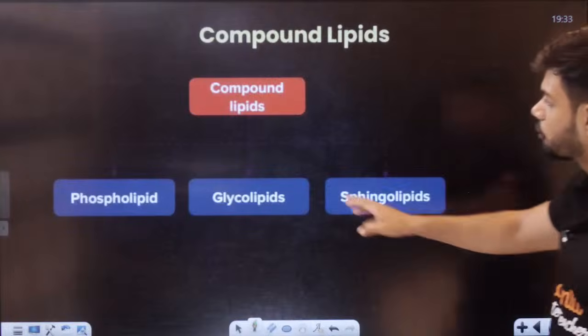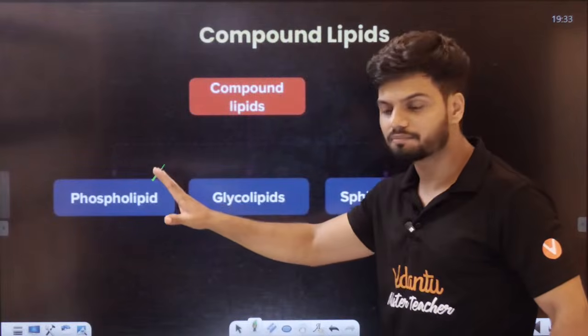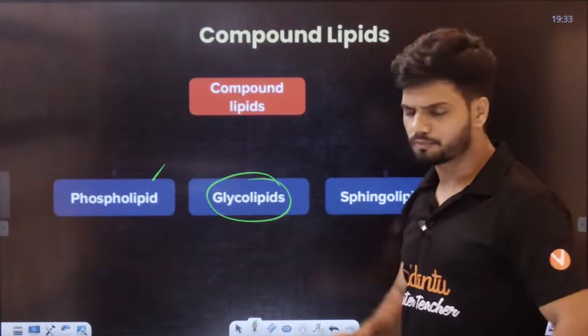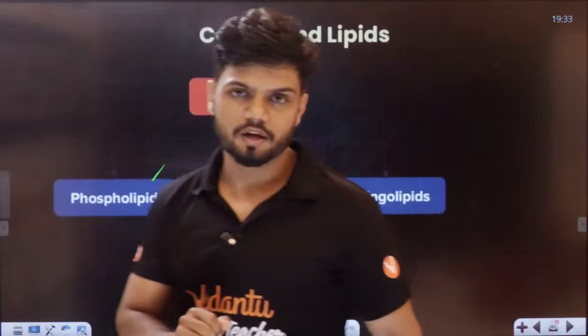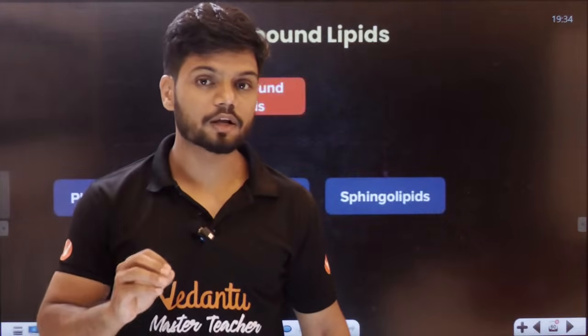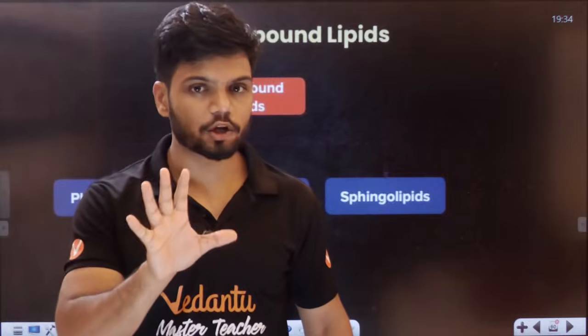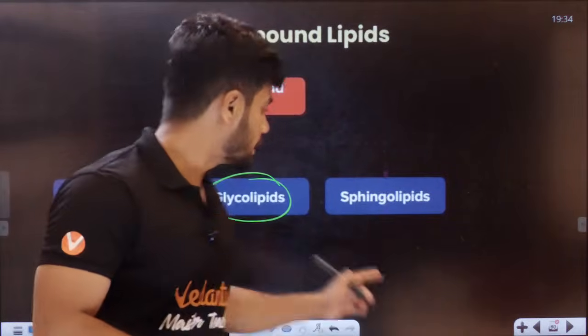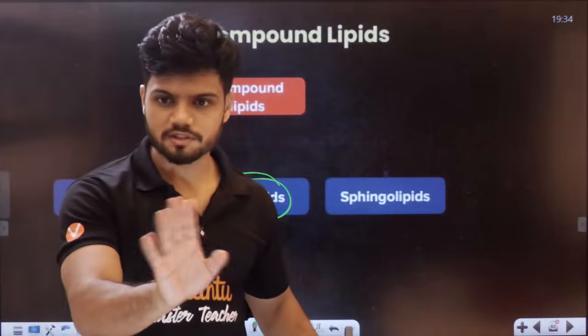Okay. Under compound lipids, the phospholipid is done. There is something called glycolipid also. Let me tell you one small thing, students. What is the meaning of glyco? Glycose, glucose. Glyco means sugar. Glycolipid is not given in NCERT.